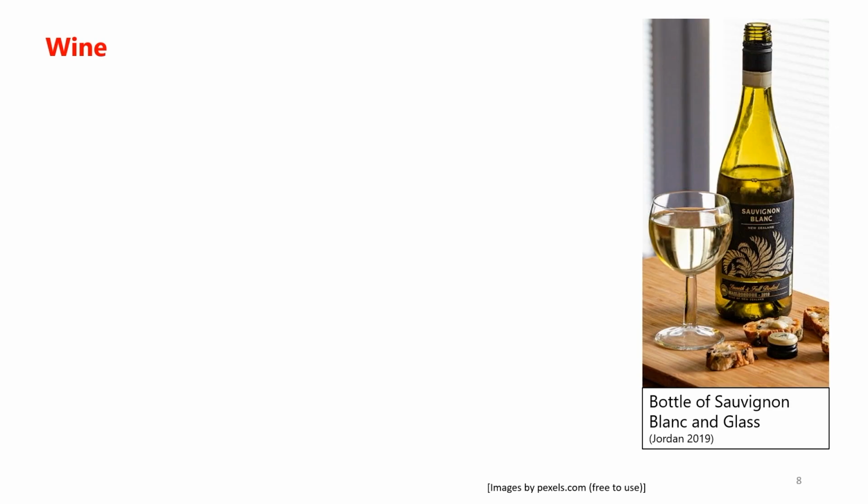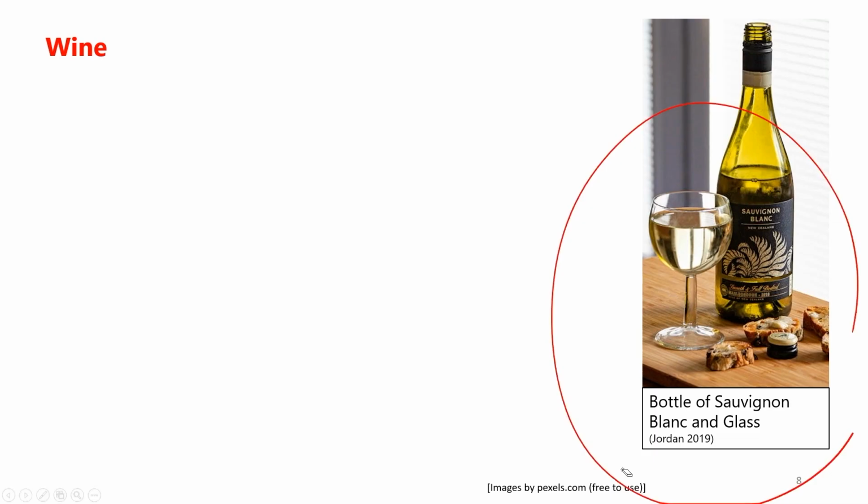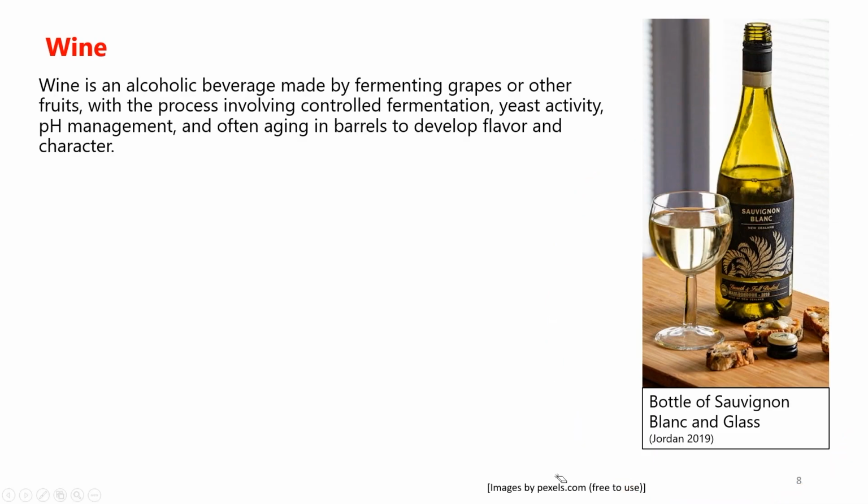This is a bottle of Sauvignon Blanc and a glass. Wine is an alcoholic beverage made by fermenting grapes or other fruits, with the process involving controlled fermentation, yeast activity, pH management and often aging in barrels to develop flavor and character.